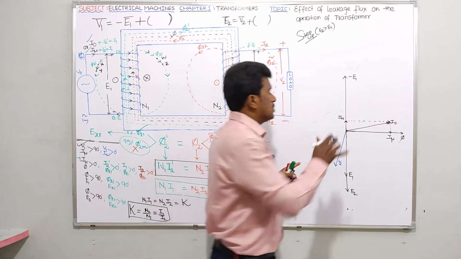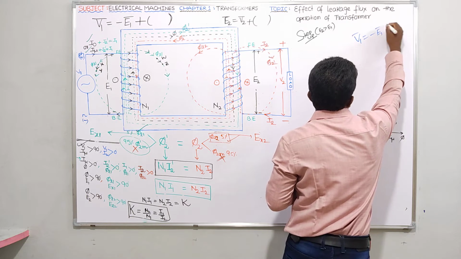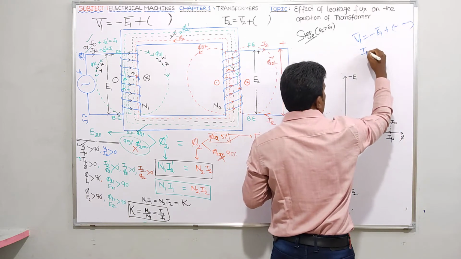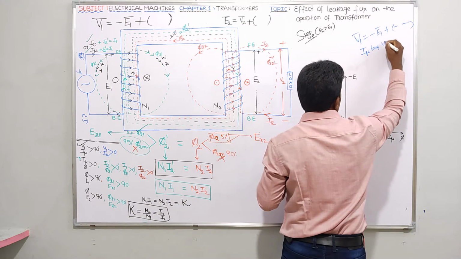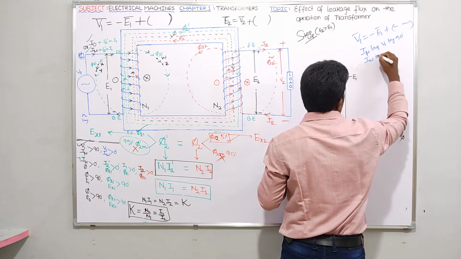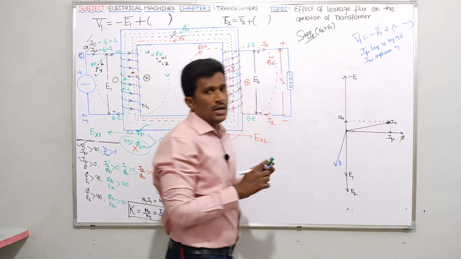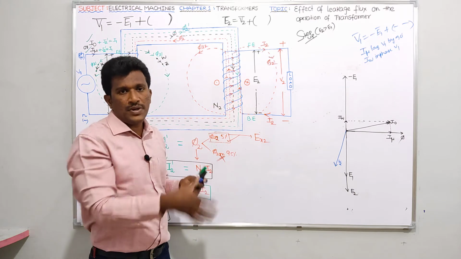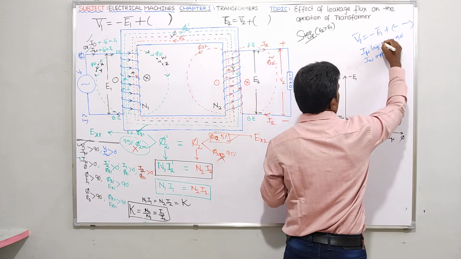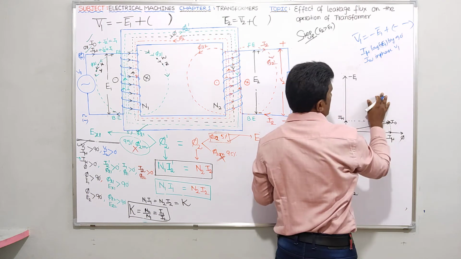Very simple. In this expression, generally V1 bar equals to minus E1 bar plus something is there. I know that. And instead of writing I mu lags V1 by 90 degrees and IW in phase with V1, for a neat diagram we are assuming for some time that I mu lags the minus E1 vector by 90 degrees.